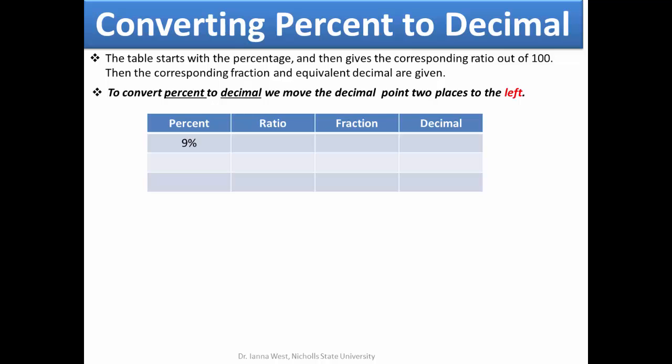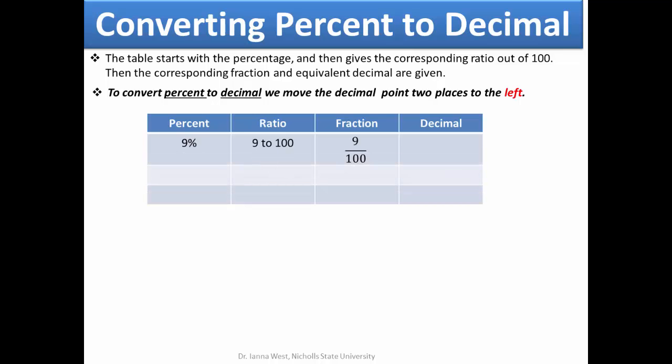Therefore, the ratio would be written as 9 to 100. 9 to 100 may be written as the fraction 9 over 100 or 9 100ths. Therefore, the equivalent decimal is 0.09, which we can read as 9 hundredths because the 9 is in the hundredths place. In our second illustration, we will start with 2.3%.